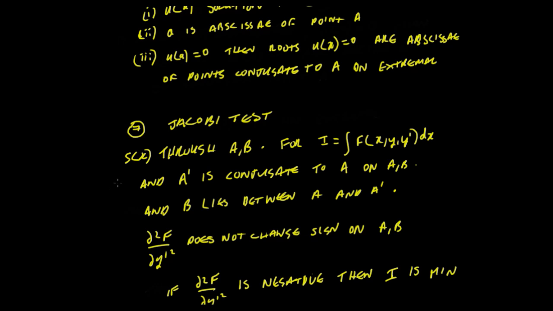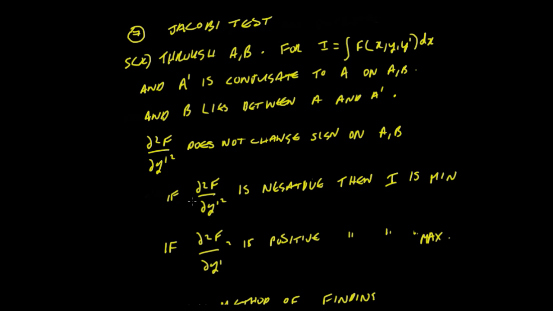So in the Jacobi test, if we think of s of x as an extremal through some point AB for some functional, and if A dash is conjugate to some point A on AB, and if B lies between A and A dash, and if partial squared f by partial y derivative squared does not change sign in AB, then we're able to say that if partial squared f by partial y derivative squared is negative, then I is a maximum.